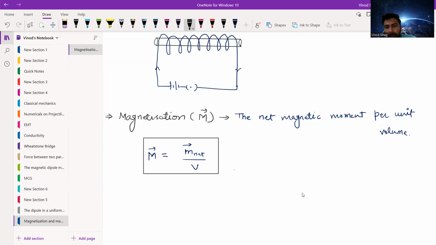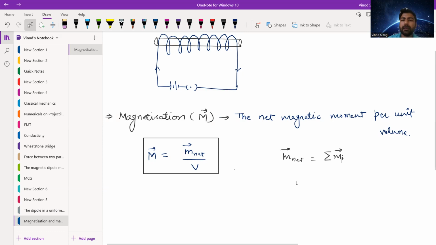So M net equals the sum of all the magnetic moments. Whatever quantity we get after adding all the magnetic moments will be called the net magnetic moment. So that's about the magnetization.